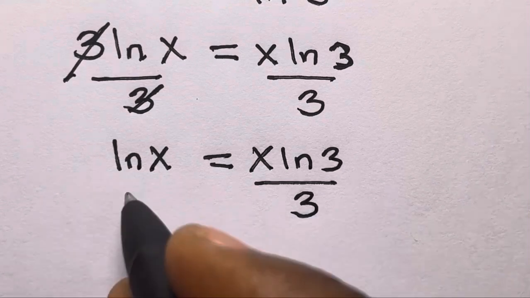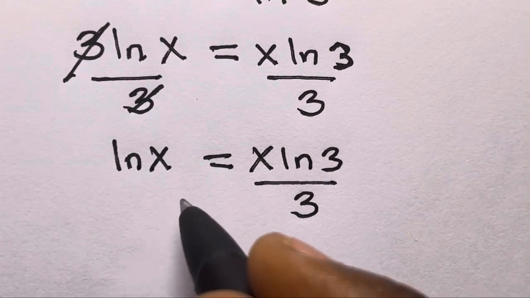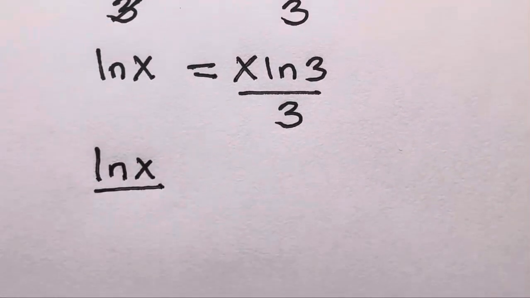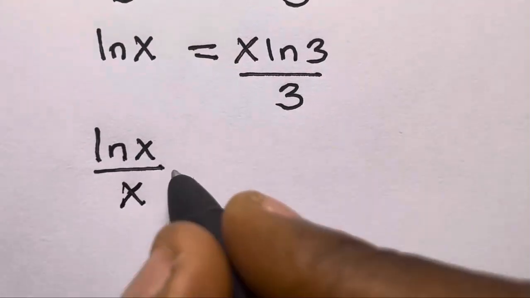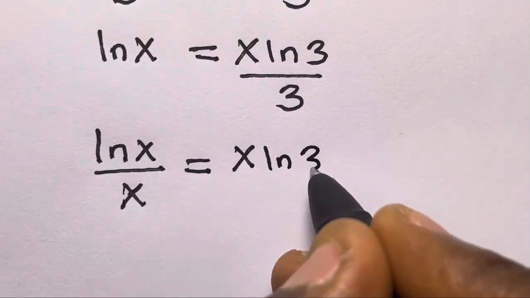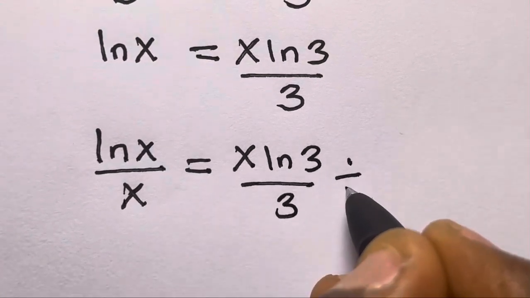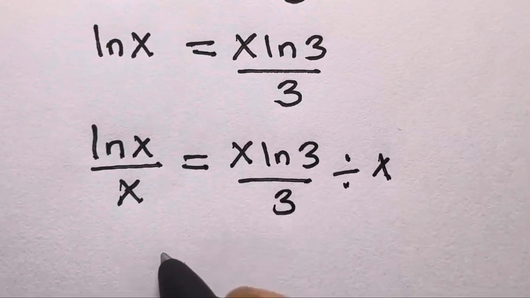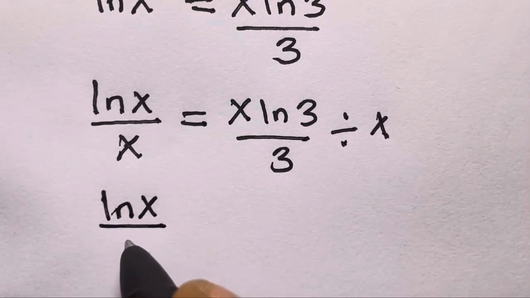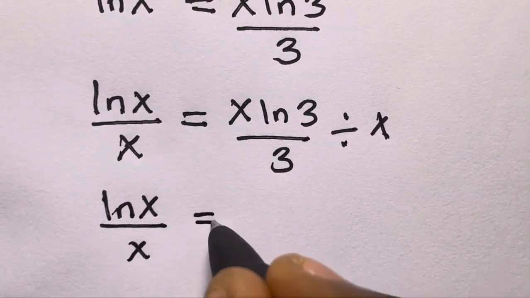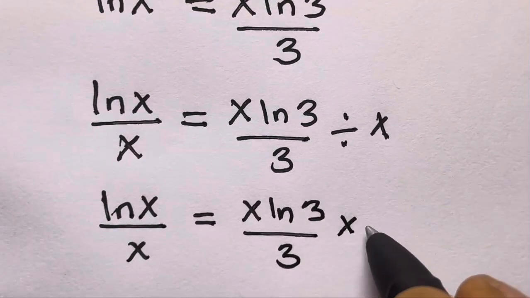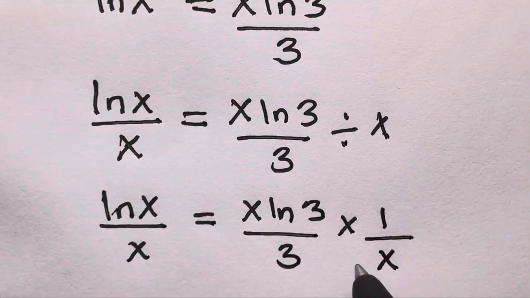Again, if you divide through both sides by x, we will have ln x divided by x equals x ln 3 divided by 3, times 1 divided by x.